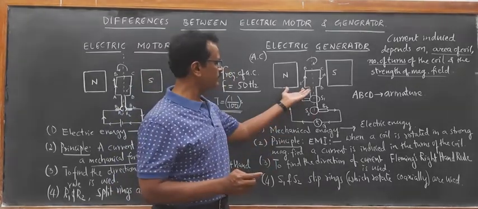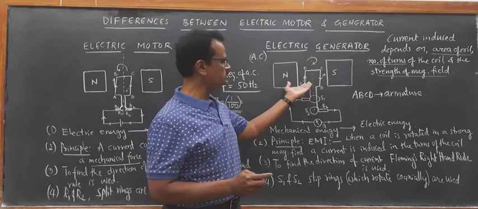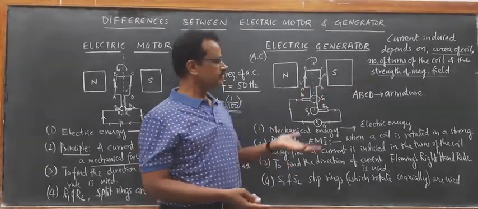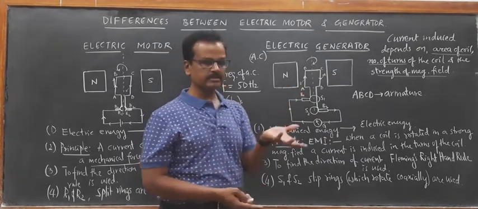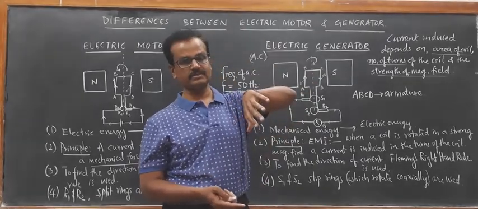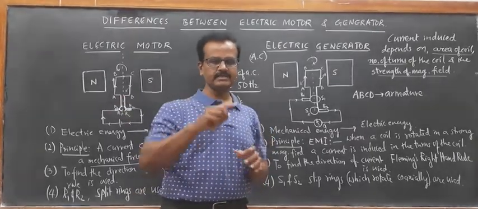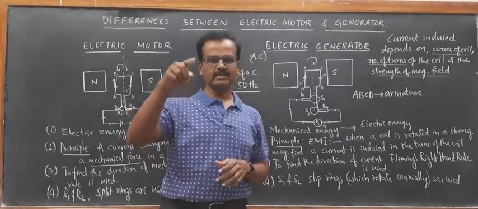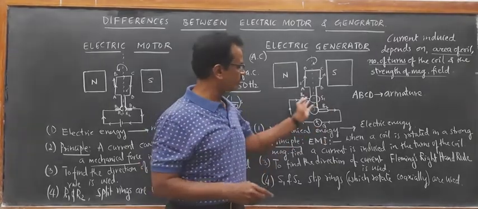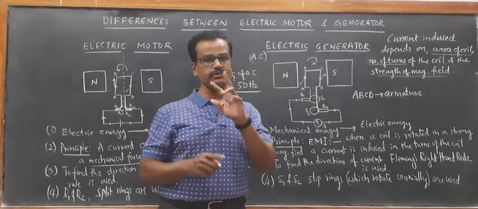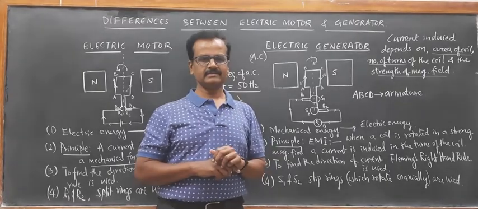For example, when the ABCD coil turns half a revolution, the current changes its direction. When it completes half plus half, that is one revolution, again it reverses. It means in one complete rotation, the current is changed twice, right?